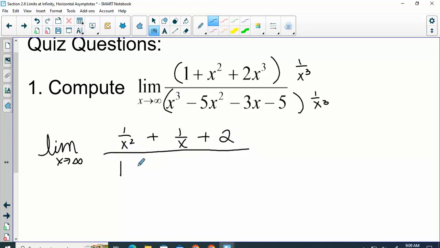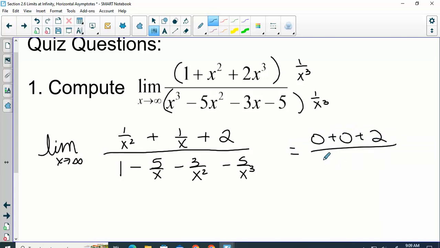In the bottom we would have 1 minus 5 over x minus 3 over x squared minus 5 over x cubed. Is everybody okay with that step? So then, anything with an x on the bottom, a number over infinity is going to go to 0. So this is basically 0 plus 0 plus 2 over 1 minus 0 minus 0 minus 0. So you get 2 over 1 or 2.